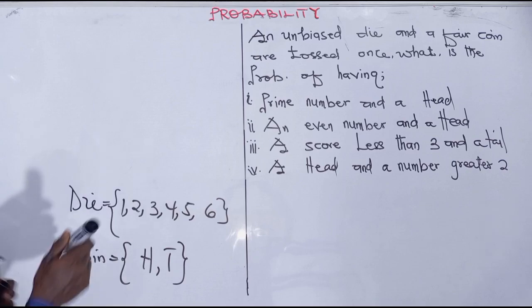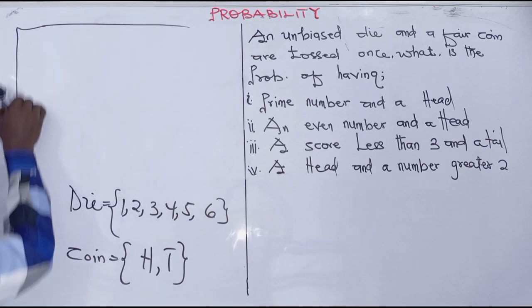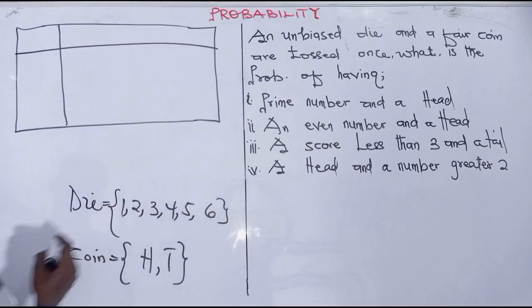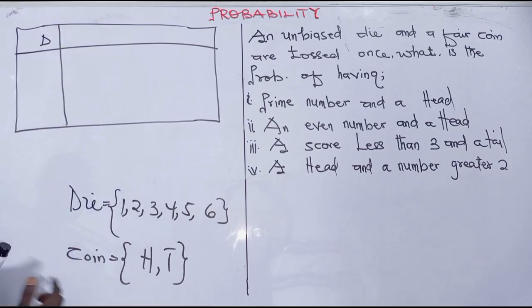So in listing the sample space, we can use the table method. We are going to use the first row to represent the toss of the die, so we have die, and then we are going to use this column to represent the toss of the coin.